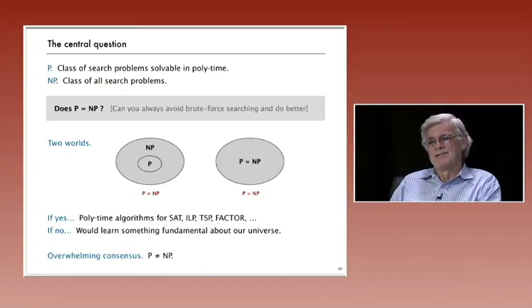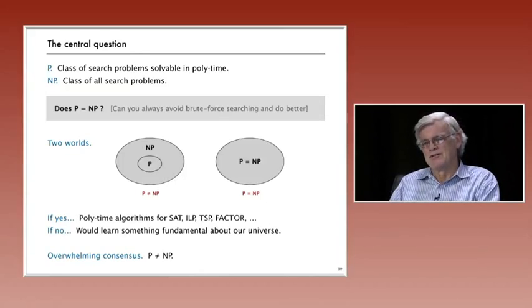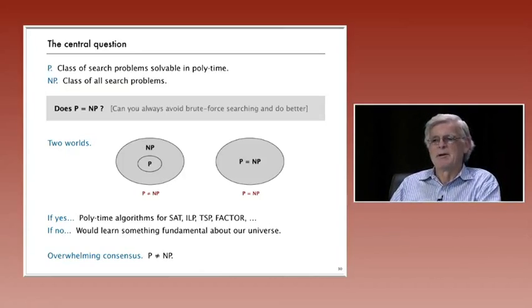Now, the overwhelming consensus is that P is not equal to NP, and we'll talk some more about some reasons that people believe that. But thinking about it, you can really convince yourself that having a machine that can, when you initialize an array, initialize it with a solution to an integer linear programming problem, really would seem to be more powerful than the machines that we're using.